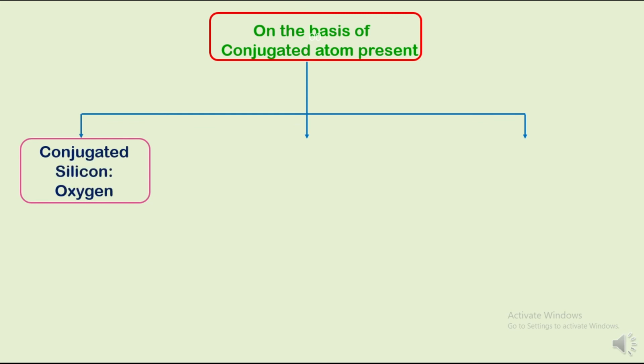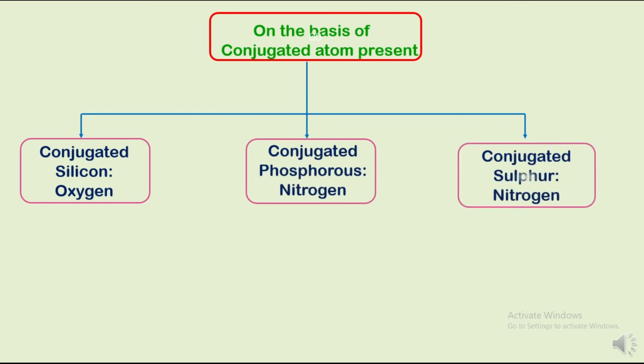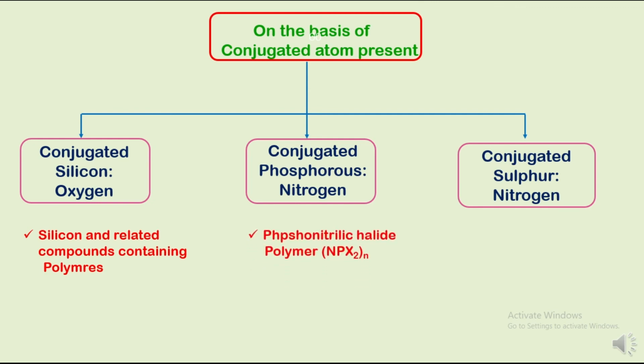The conjugated atoms are silicon-oxygen, phosphorus-nitrogen, and sulfur-nitrogen. In the case of silicon-oxygen, silicones and related compounds are the polymers. In the case of phosphorus-nitrogen, phosphonitrile halide polymers have the general formula (NPX2)n. In the case of conjugated sulfur-nitrogen, examples are metaphosphate, polyphosphate, and cross-linked phosphate. These are the polymers based on the conjugated atom present.